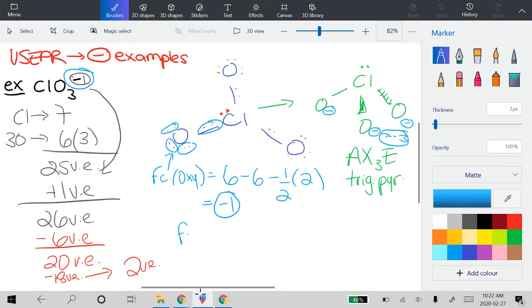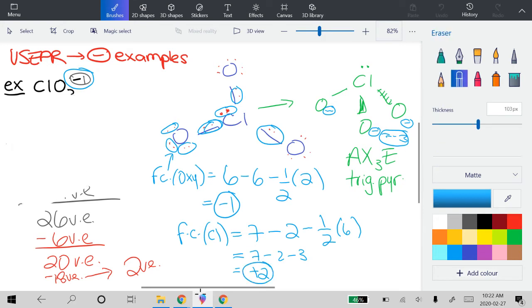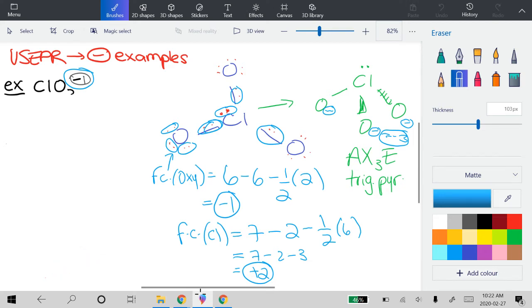So let's just double check. Chlorine wants 7 minus 2 lone electrons and half of the 6 electrons in the bonds. So that's 7 minus 2 minus 3, and that's why we get +2. So let me redraw everything for you. It's a bit messy. This guess is no longer good.